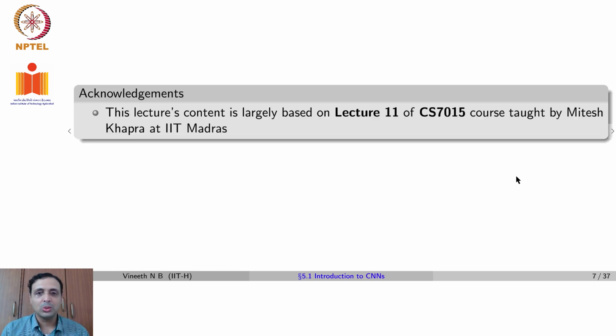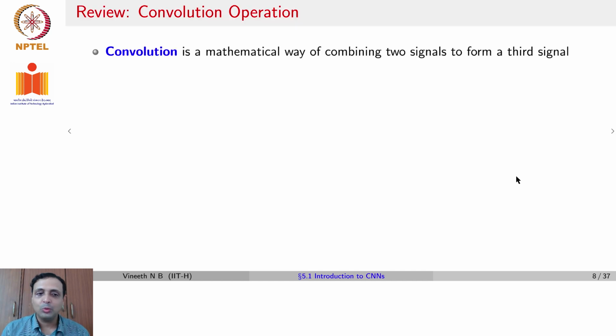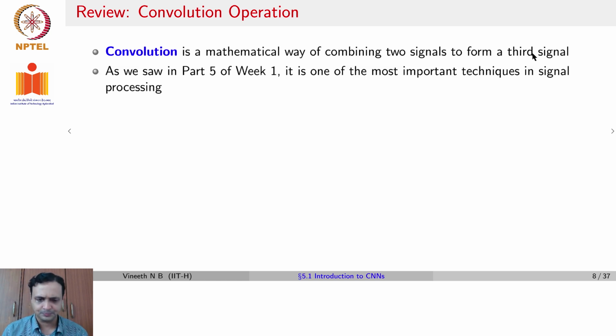With that, let's move on to convolutional neural networks, and this lecture is largely based on the excellent lectures of Mitesh Khapra from IIT Madras. Let's start with reviewing convolution. We did do it in the first week of this course. We know now that convolution is a mathematical way of combining two signals to form a third signal.